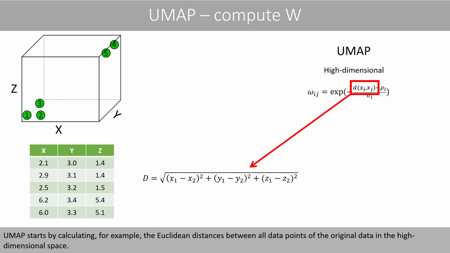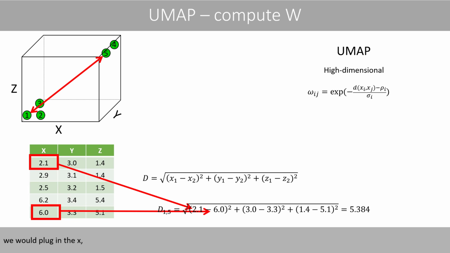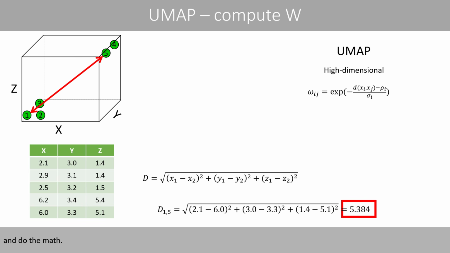UMAP starts by calculating, for example, the Euclidean distances between all data points of the original data in the high-dimensional space. For example, if we were to calculate the Euclidean distance between data points 1 and 5, we would plug in the x, y, and z coordinates in this equation, and do the math.